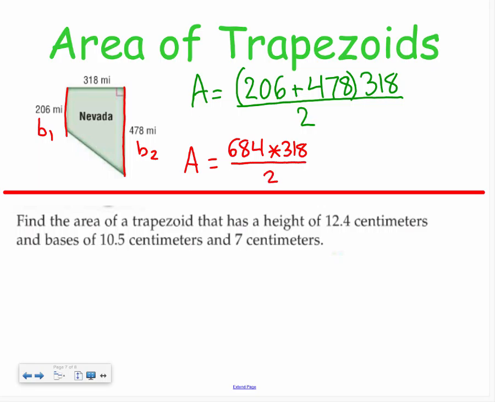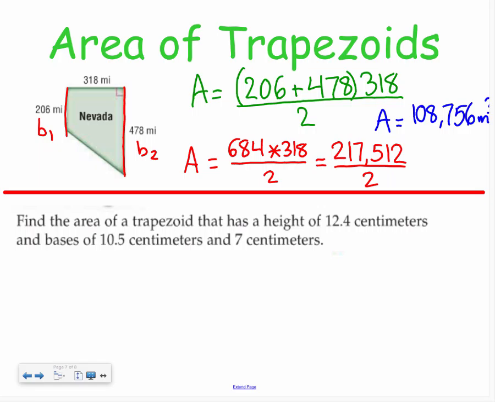When we multiply the top, we get 217,512 divided by 2 gives us a final area of 108,756 miles squared. So again, our units are squared because we are looking at area.